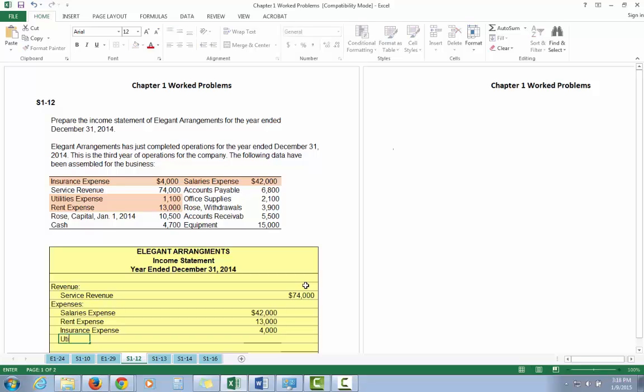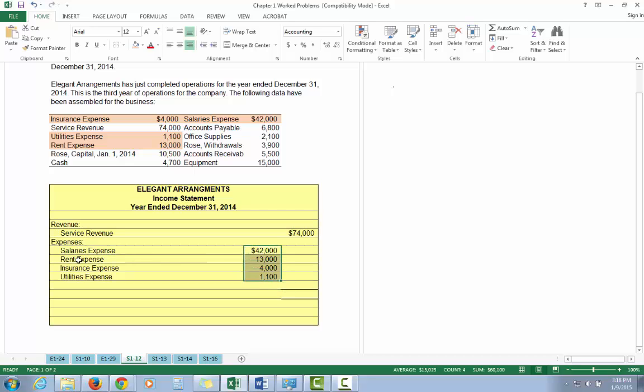Then we've got utilities expense. The reason I'm putting all of the expenses over here to the left is that they're all in the same category. If we had multiple revenue items, I would have done the same thing, listed them here and totaled them over here. This just gives us a cleaner look of the income statement and gives us a total.